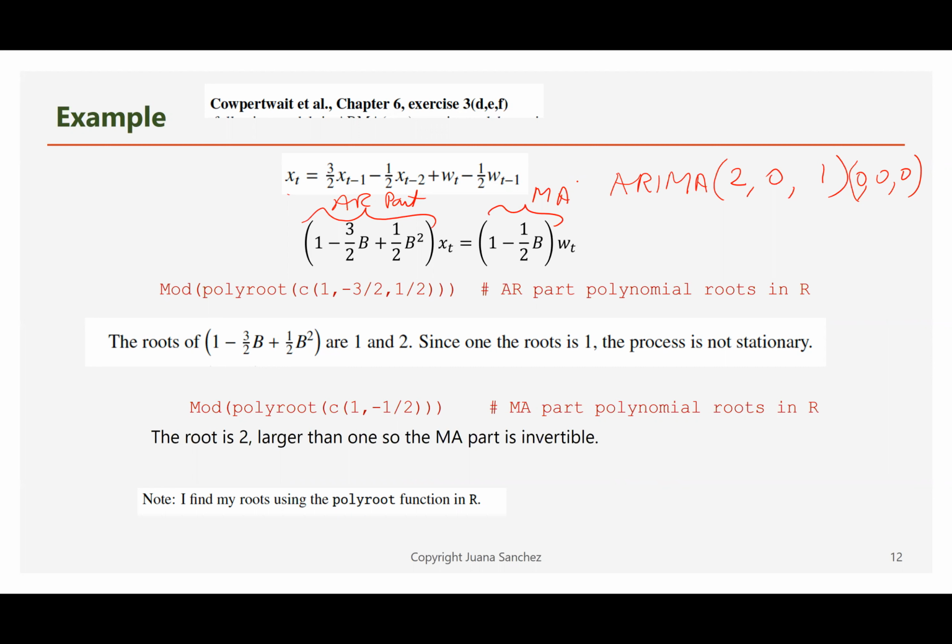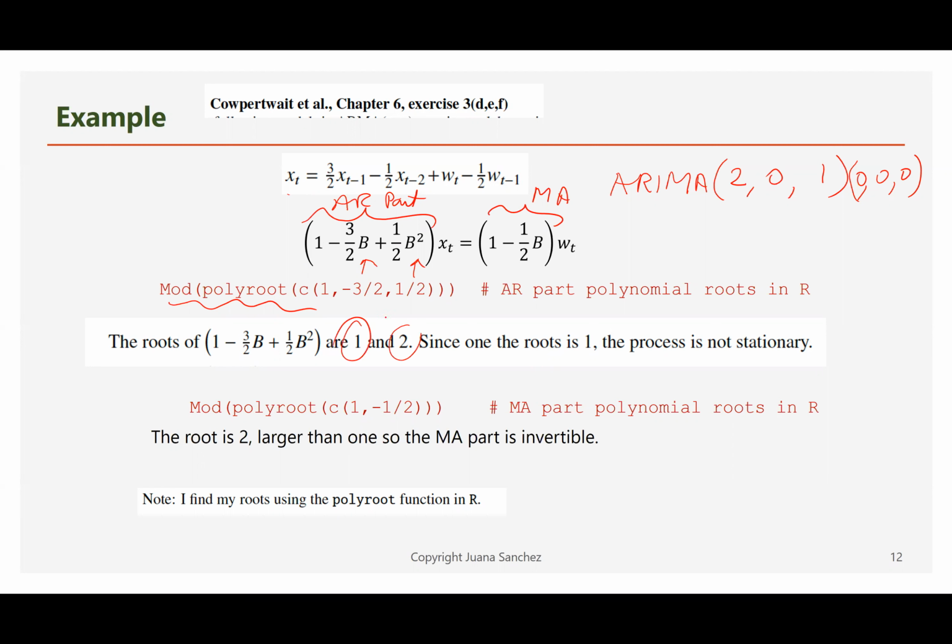And then we are trying to find the roots for B. We are going to use polyroot because otherwise it is mathematically complicated to find the roots of this polynomial. Well, you could do it, right, because this one is just quadratic. But we take the modulus of the roots, so we look at the absolute value, and this gives us the roots 1 and 2.